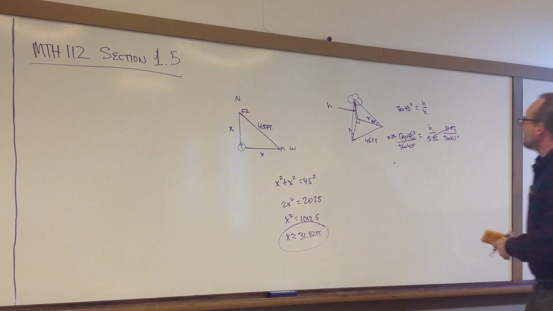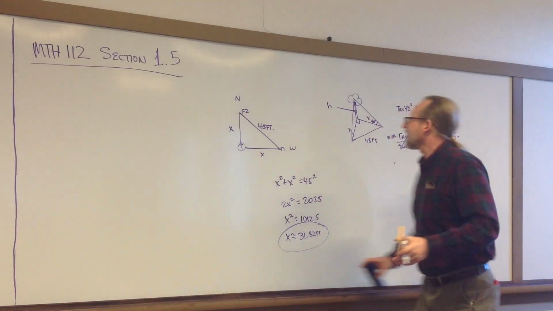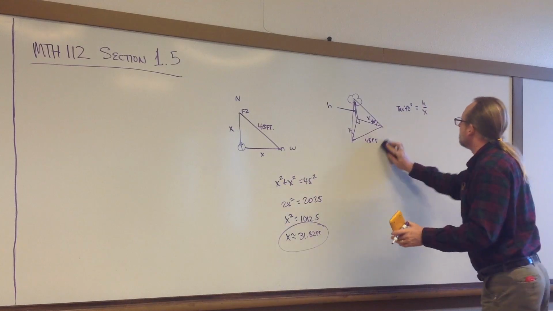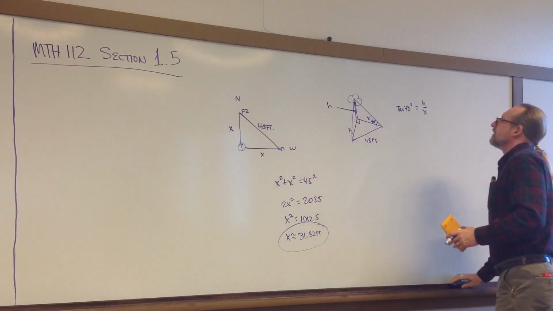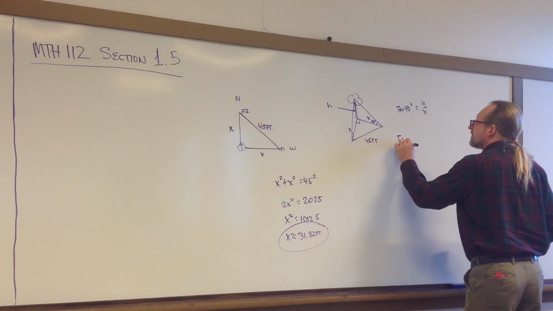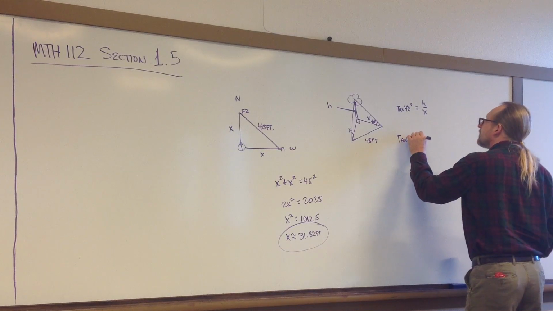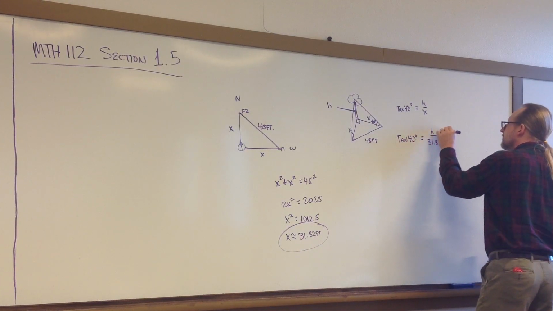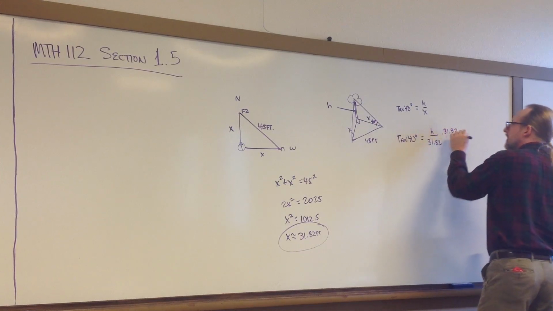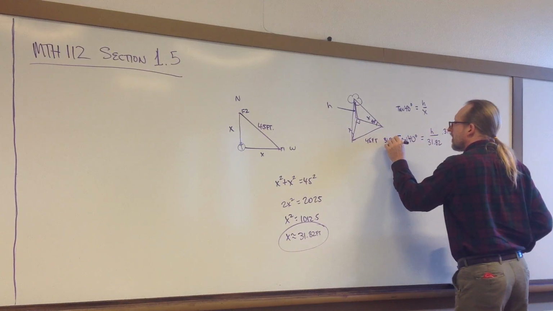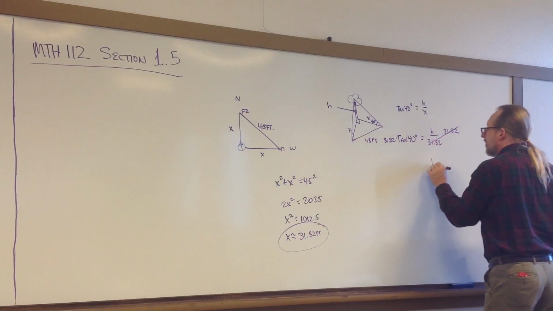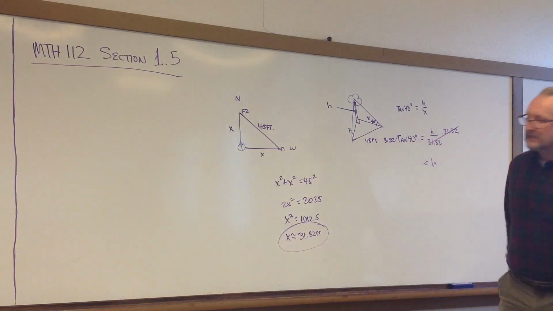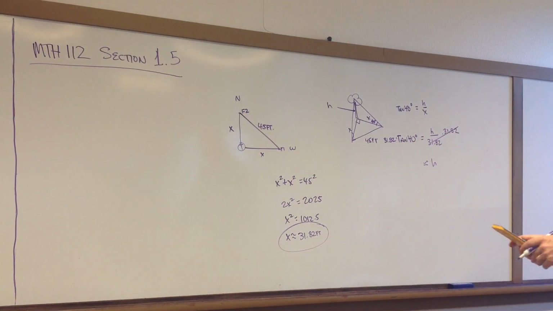Oh, that's not what I want to do. I'm making this way more complicated than it actually needs to be. Let's back up here. Tangent of 40 degrees is H over 31.82 feet. All I have to do is multiply on both sides by 31.82. Duh. There we go. So H is going to be this calculation right here.